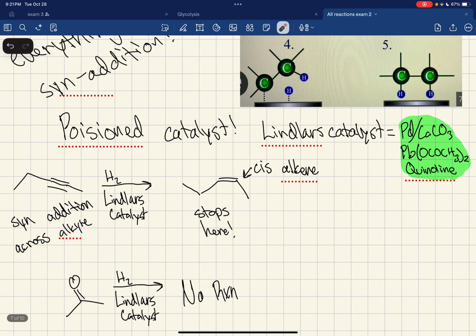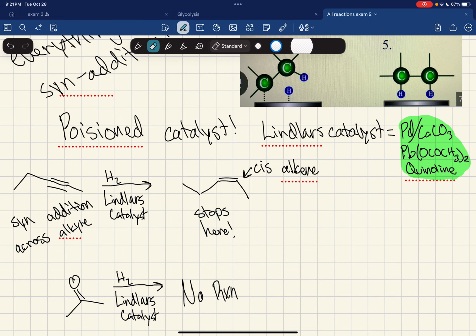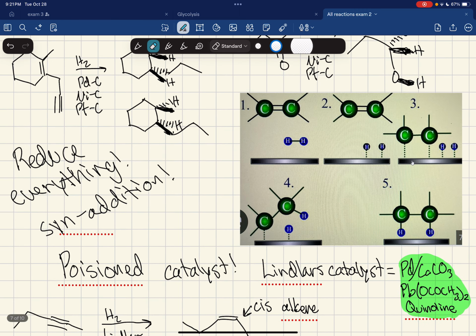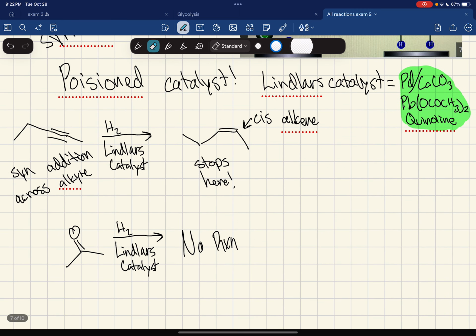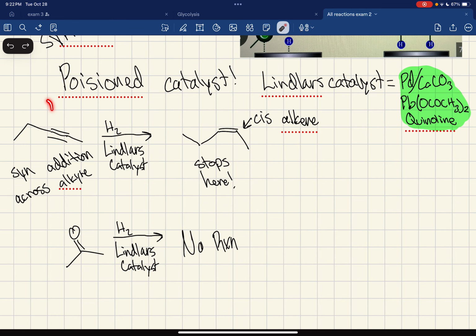Then we get to the poisoned catalyst, which is Lindlar's catalyst, which is this. You should know this, I think. This is important to know. This is Lindlar's catalyst. And what Lindlar's catalyst does is, with an alkyne, it starts to reduce it, but then it stops at the alkene.